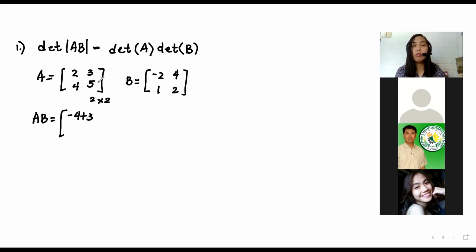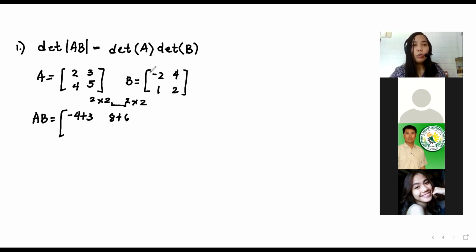So the rows of matrix A with the columns of matrix B. They are both square matrices, so obviously we can multiply them. So let's find the product. 2 times -2, it's -4. 3 times 1, it's 3. Next, row 1, second column. 2 times 4, it's 8. 3 times 2, it's 6.